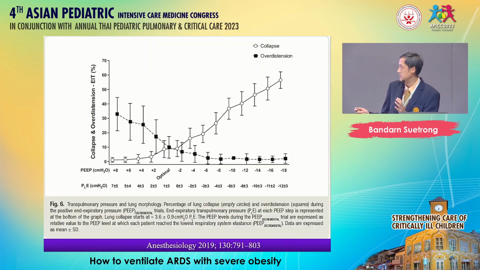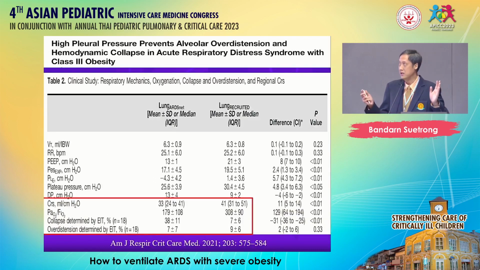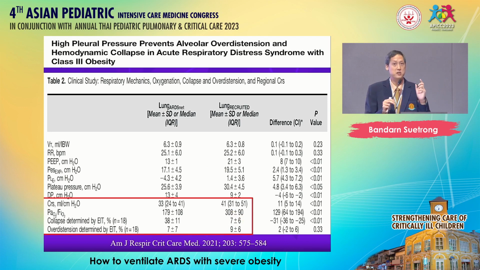If we use the EIT technique and find the cut point between collapse and overdistension, and we pick that level of PEEP for the patient, and compare it with the ARDS PEEP table, we will find that if we set the PEEP at the level that is crossed over, the compliance is better and the PF ratio is much better if we use the EIT technique to titrate PEEP in the patient with severe obesity.